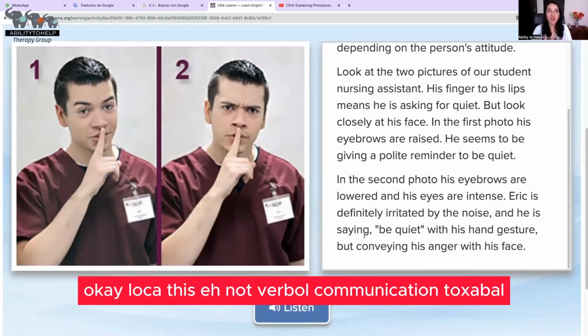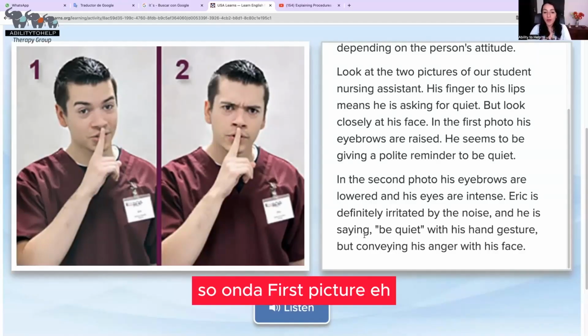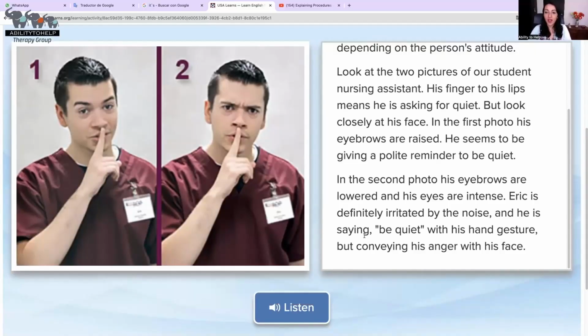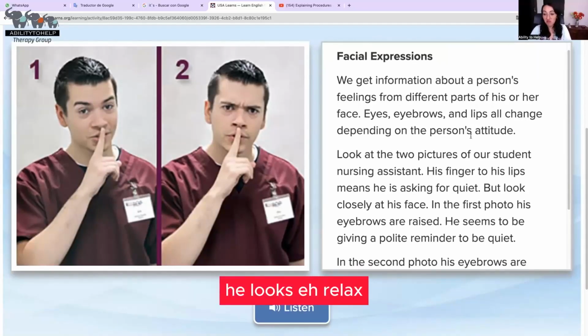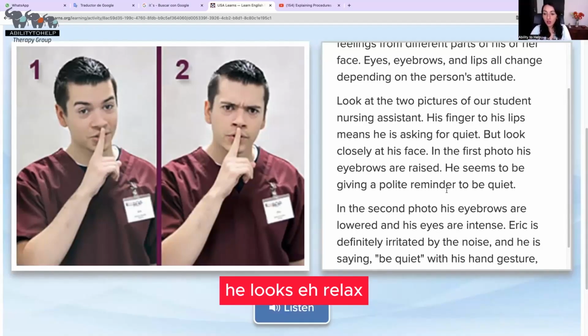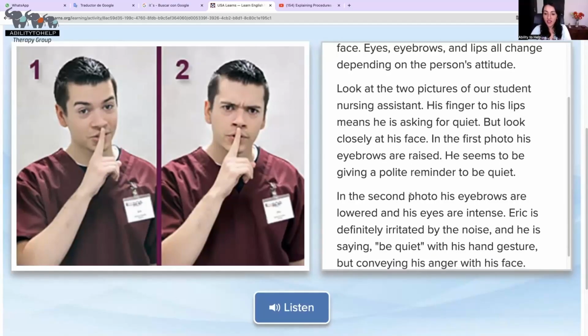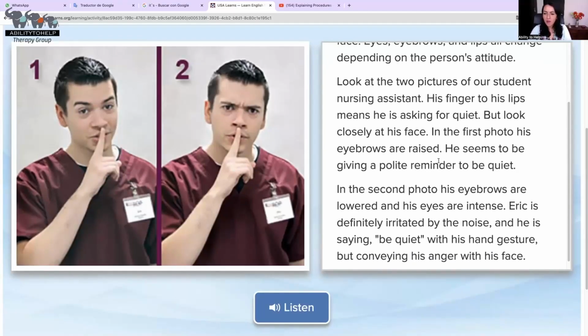Okay, look at this. Nonverbal communication talks about your expression, your face, your eyebrows, your eyes. So on the first picture, he looks relaxed. It's okay. He's just asking for quiet, but it's relaxed. On the second one, his finger to his lips means he's asking for quiet, but look closely at his face, his eyebrows.